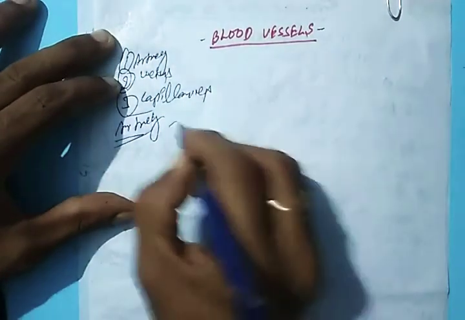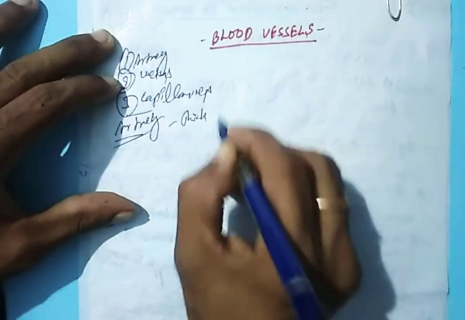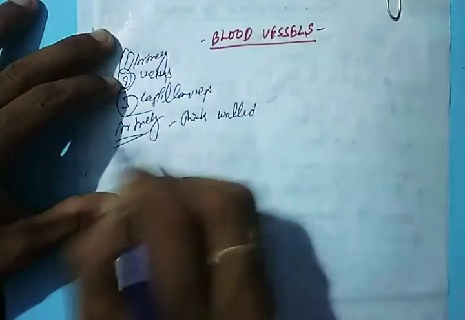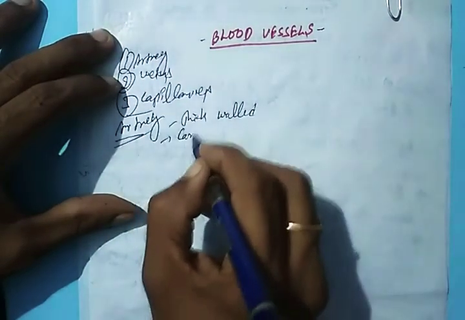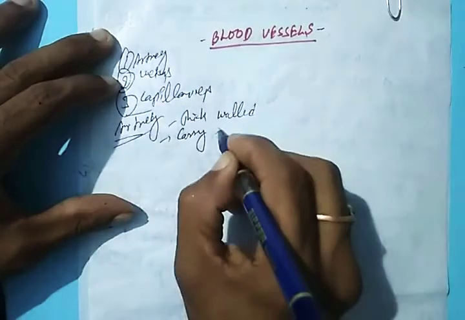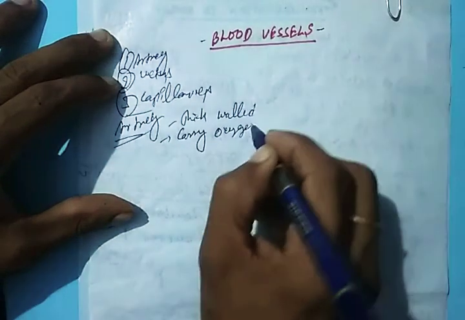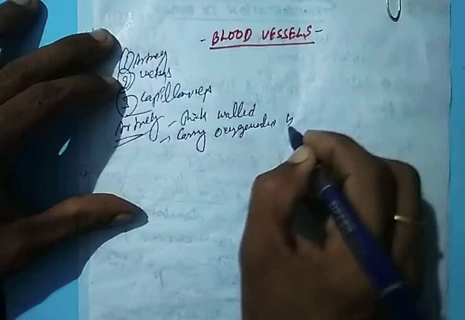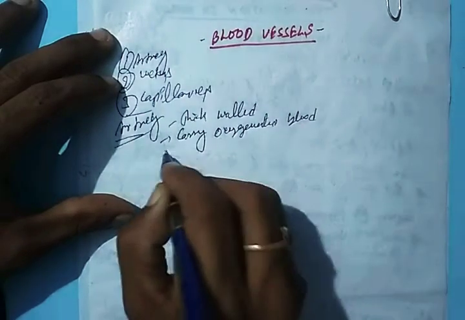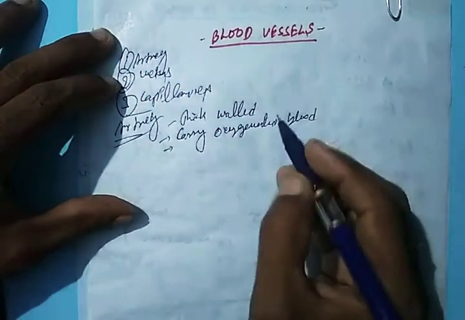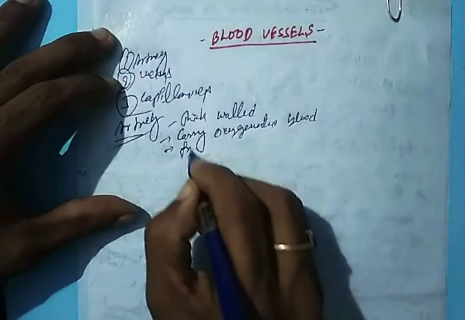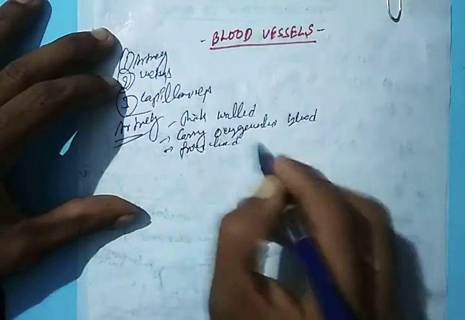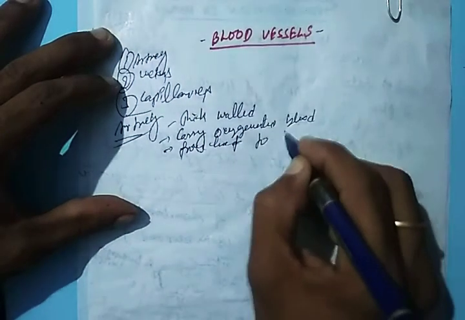Arteries are thick walled structures, meaning they are thicker comparatively to veins, and they carry oxygenated blood, and when they carry oxygenated blood, they supply blood from the heart to body parts.